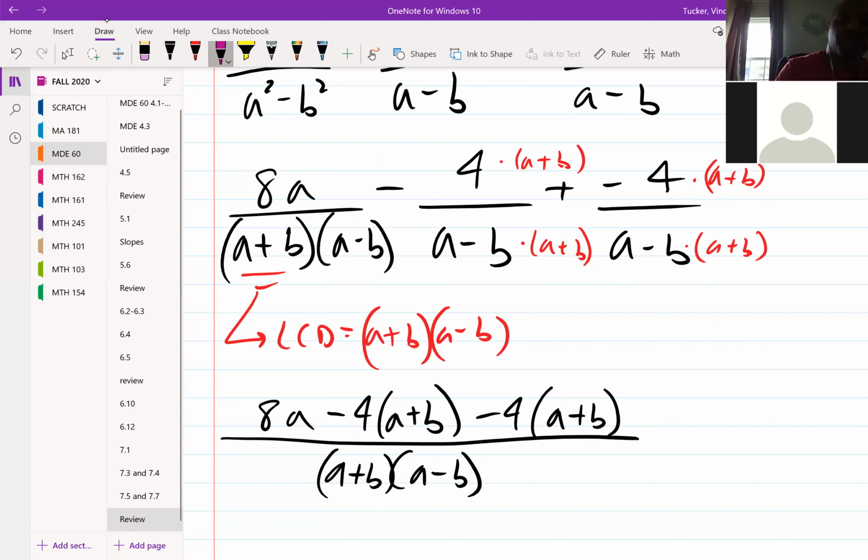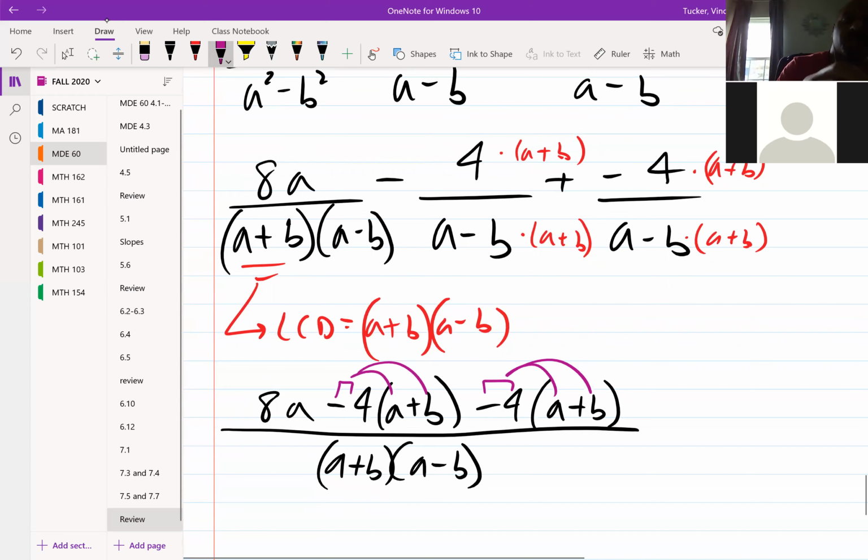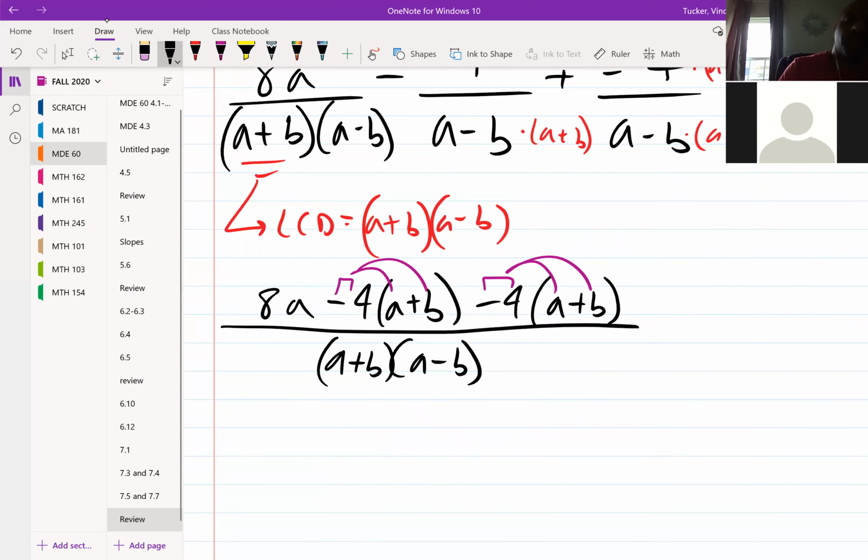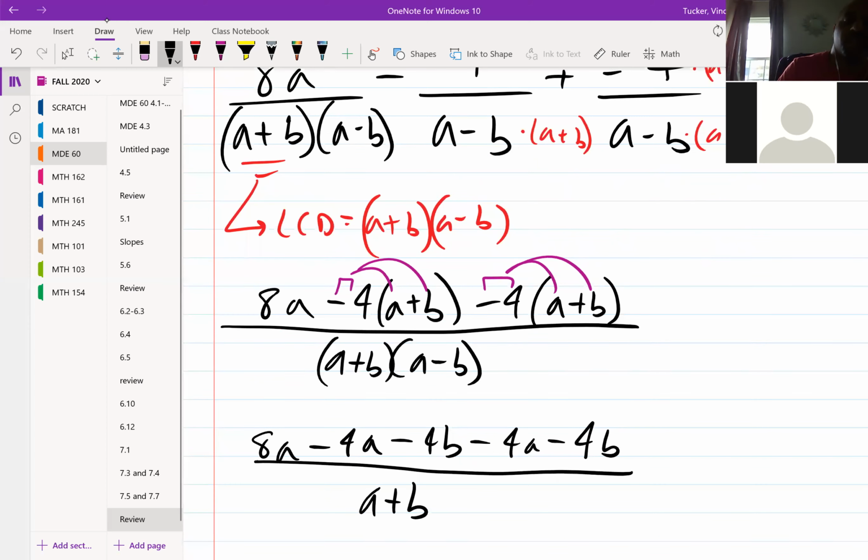So we distribute -4 to each. So that'd be 8a minus 4a minus 4b minus 4a minus 4b, a plus b, a minus b.